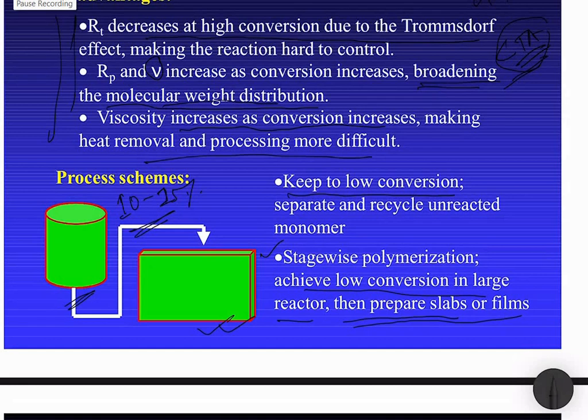Or otherwise, it can also be done after that initial 10 to 15% conversion. The overall mass can be taken into a loop reactor, whereby under motion the polymerization can be carried out. So that way, the heat dissipation and growth of viscosity does not interfere with further conversion of the monomer.